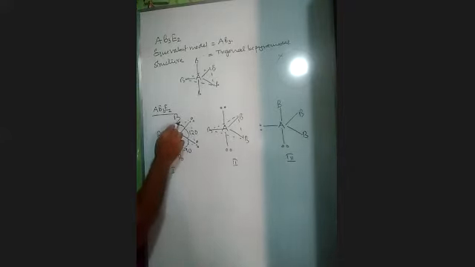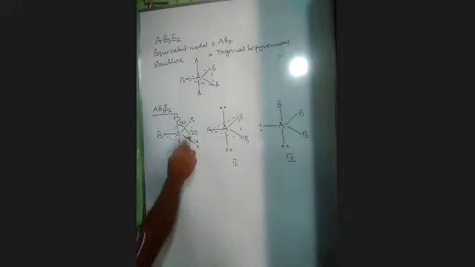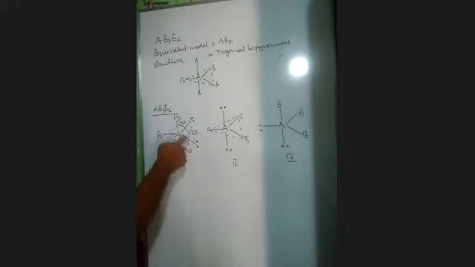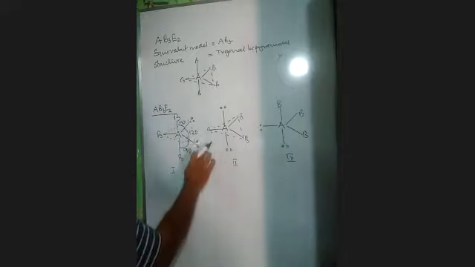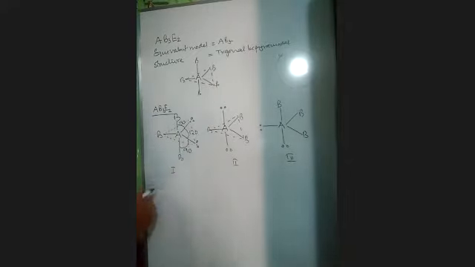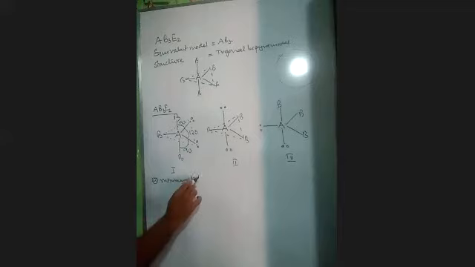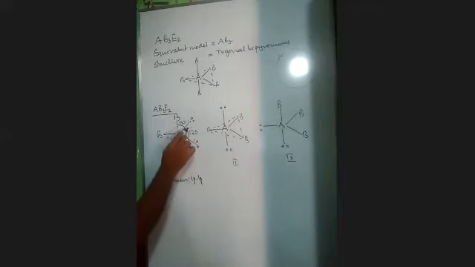How many lone pair bond pair repulsions do you have? Lone pair repulsion is maximum when it is 90 degrees, but it is 120 degrees. So I write now here A: minimum lone pair repulsion because it is 120.